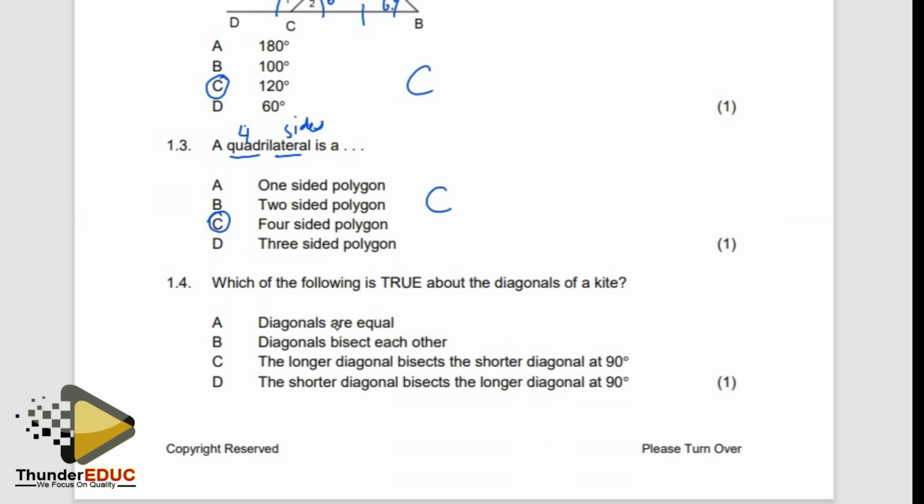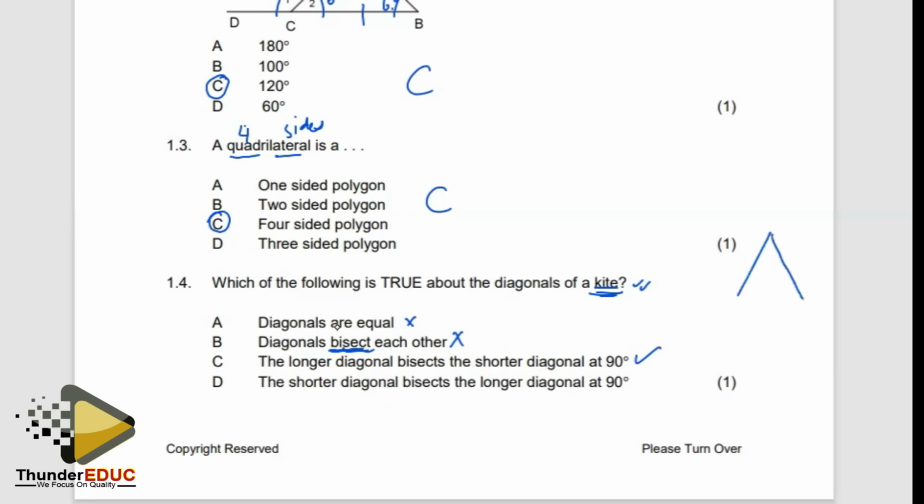Then 1.4, which of the following is true about the diagonals of a kite? One thing we know is that these diagonals meet at 90 degrees. Diagonals are equal? Wrong. Diagonals bisect each other? No, it's only one that is bisected for a kite. So this is out. The longer diagonal bisects the shorter diagonal at 90. The shorter diagonal bisects the longer diagonal at 90.